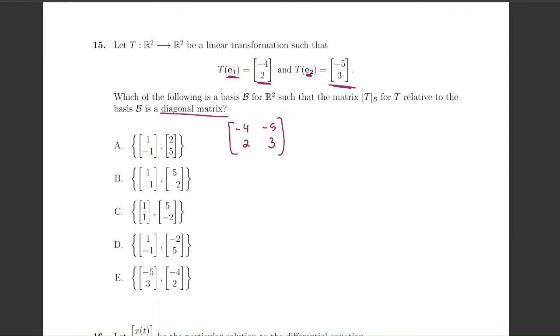The columns are composed of the transformed vectors when you're transforming the original basis. In this case, our original basis is E1 and E2. So this is our original transformation matrix, and we want to diagonalize this because the eigenvectors will form the basis for a diagonal transformation matrix.